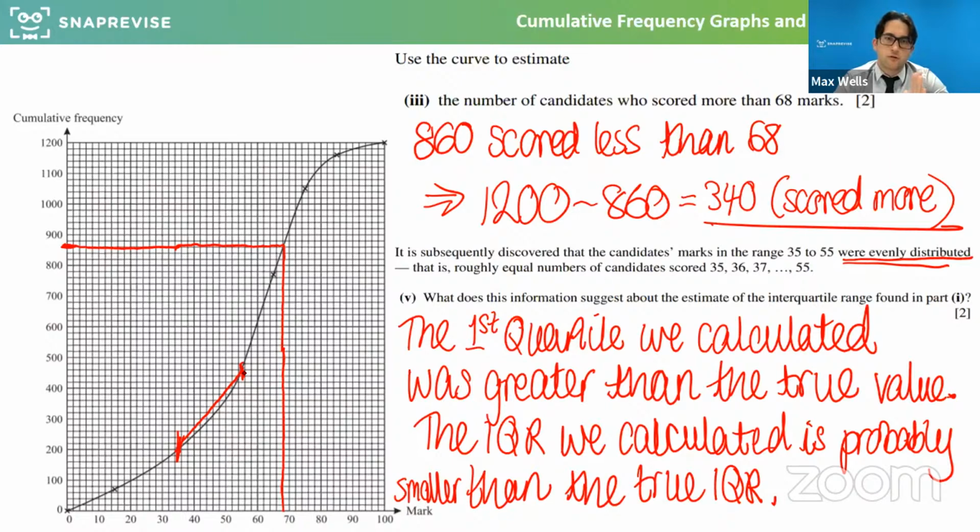So the lower quartile would actually be a lower value, meaning that the interquartile range would be a bigger difference. So it's telling us that the one we calculated earlier was probably smaller than the true value. So you have got to read the wording of these questions really carefully, but annotating things on there like that to see what's actually happened is really important.